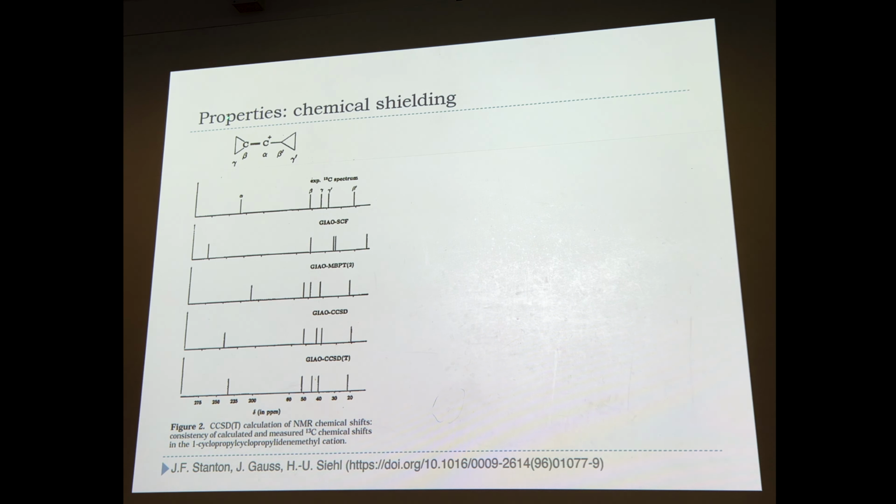I think that's a fairly regular case, which is quite rigid. That's the experimental carbon-13 NMR spectrum, just the line positions, no multiplicity, of course. Hartree-Fock gets it dead wrong. Möller-Plesset somewhat better. London orbitals on top of CCSD, somewhat better still, and then CCSDT gets it perfectly well.